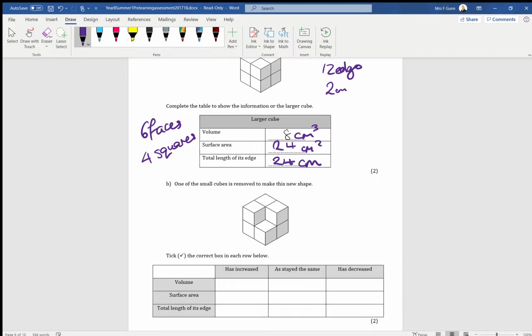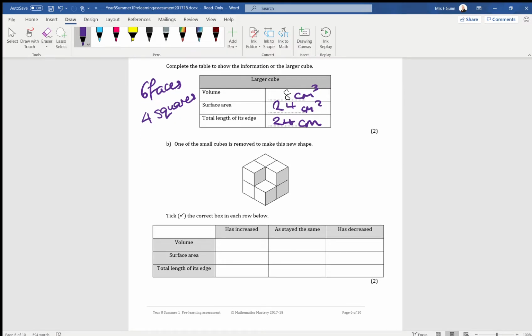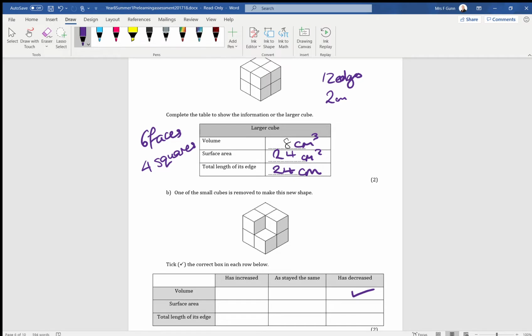So one of the cubes is removed. Has the volume increased? Well, I've taken out something, so the volume has decreased. Now, the surface area. I've got 1, 2, 3, 4 on the back, 1, 2, 3, 4 on the other back, 1, 2, 3, 4 there, 1, 2, 3, 4 there, 1, 2, 3, 4 there.